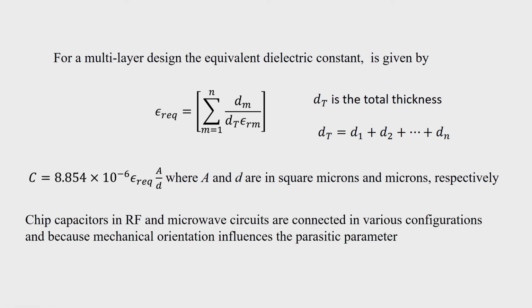Chip capacitors in RF and microwave circuits are connected in various configurations. The mechanical orientation, the manner in which they are connected, influences the parasitic parameters for such capacitors.